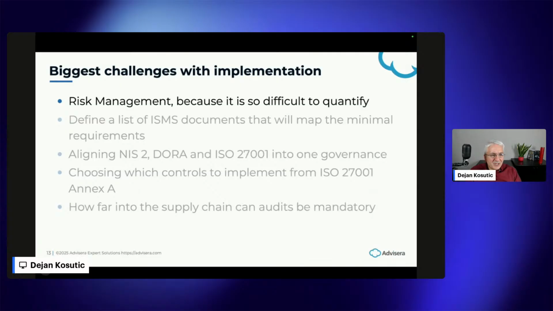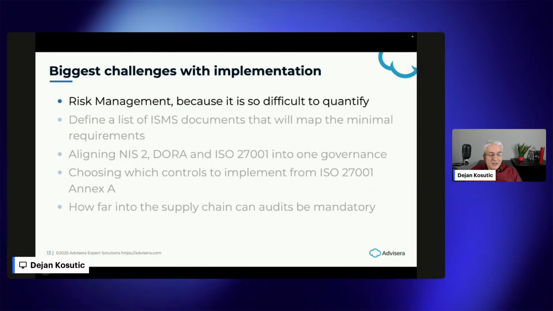NIS2, especially CIR 2690, and DORA are a little more precise. They prescribe an asset-based approach. But when it comes to quantifying, all of these frameworks prescribe that you need to have the level of impact and level of likelihood.